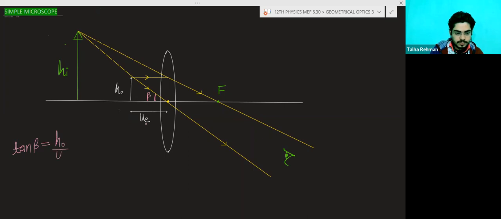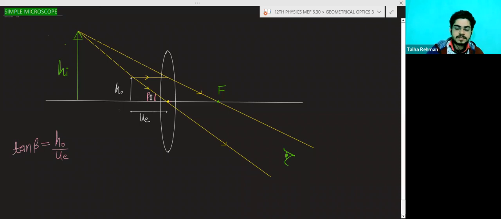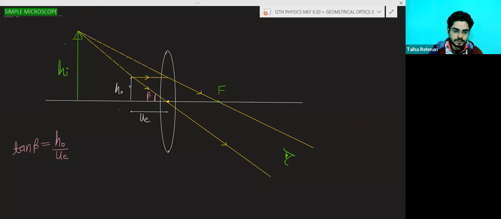But what happens is this beta is very, very small, because this object you are watching is very, very small. So beta is very small.